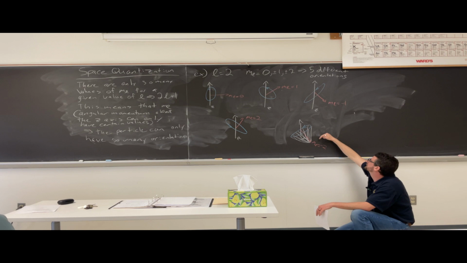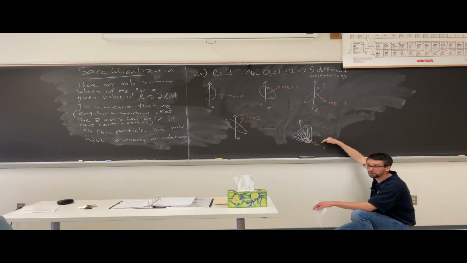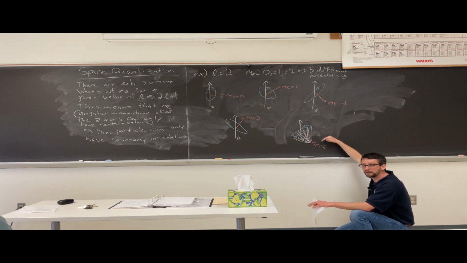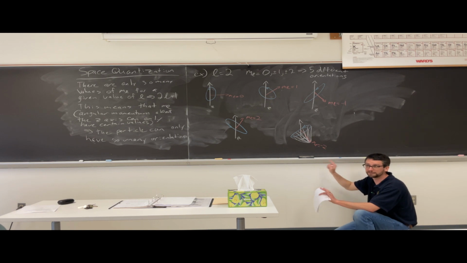But looking at this, what it's trying to basically say is this ML value has a given value, it has to be conserved. And that is very different than classical physics where something can rotate and turn at any point it wants to be. Here, it has to be at specific values. Does that at least make sense? Or at least is understandable?